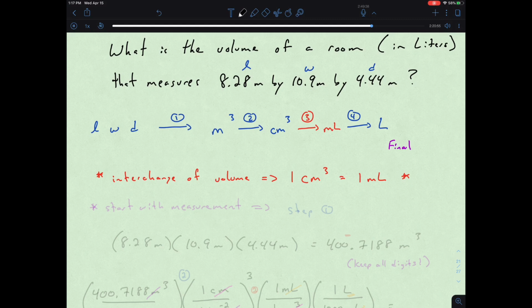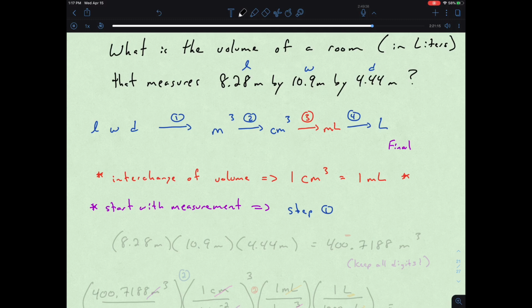So here we have to start with our measurement, which is really step 1 above, right? We have to take the length times the width times the depth.